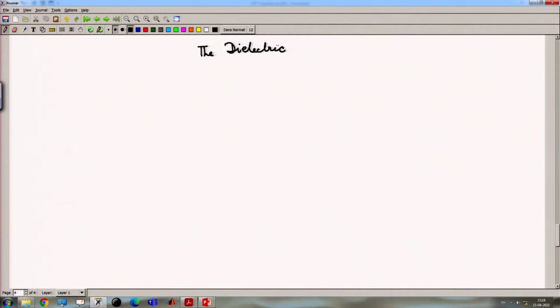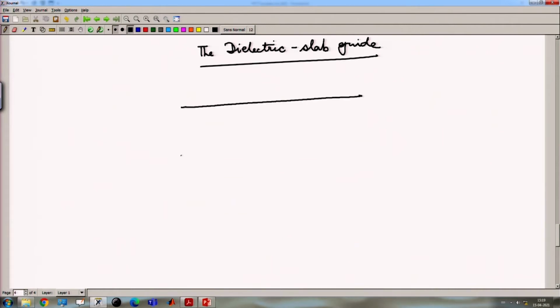So, this is the dielectric slab guide, which means that we have a dielectric slab. This is my x direction and this is my z direction.